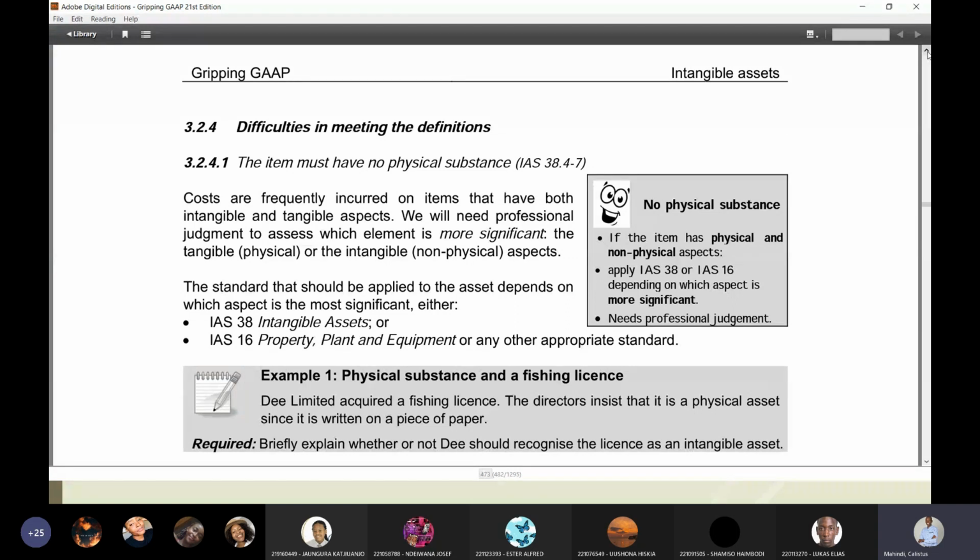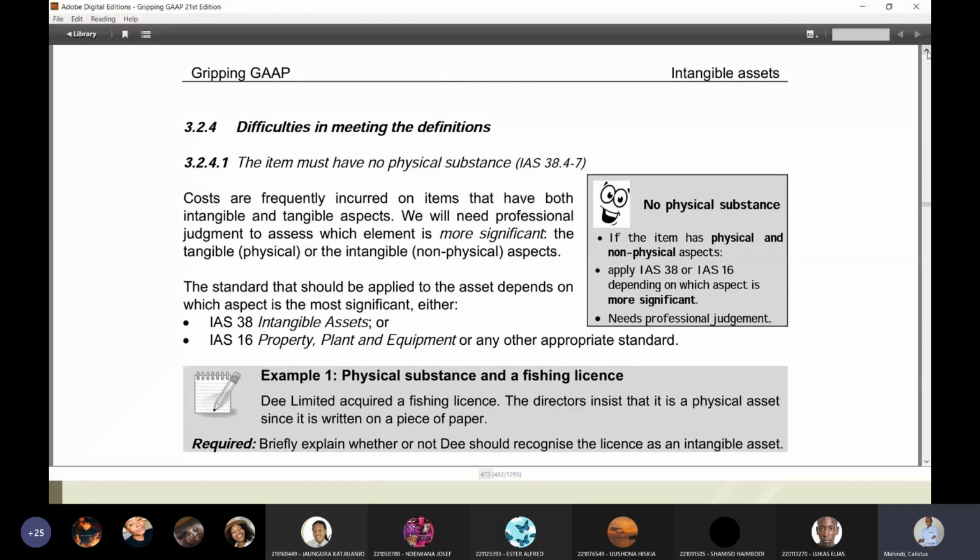Example 1, D Limited acquired a fishing license. The directors insist that it is a physical asset since it is written on a piece of paper. Briefly explain whether or not D should recognize the license as an intangible asset. What do you think?